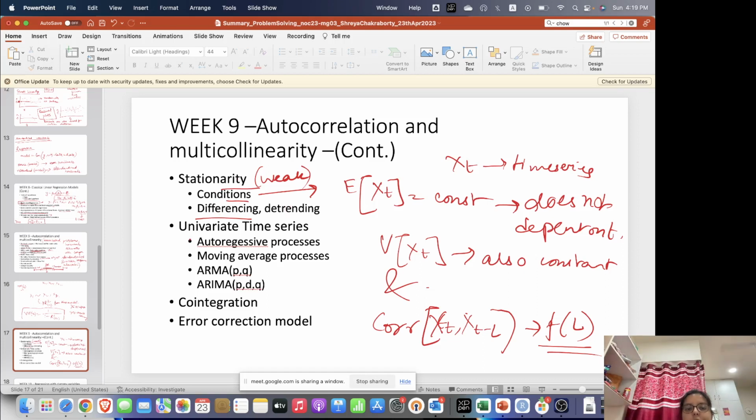And then we talked about the modeling part, where we could have autoregressive processes, moving average processes, a combination of both, and we could also have autoregressive integrated moving average, where d would refer to the dth order of differencing.